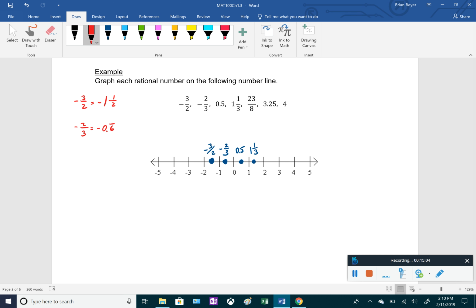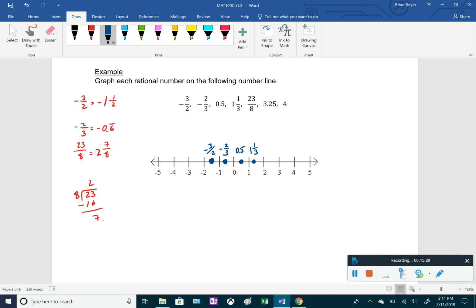So let's actually go through and do that. Converting this to a mixed number, 23 divided by 8. It goes in evenly twice. Multiply, subtract, we get 7. So 23 over 8 is going to be 2 and 7/8.